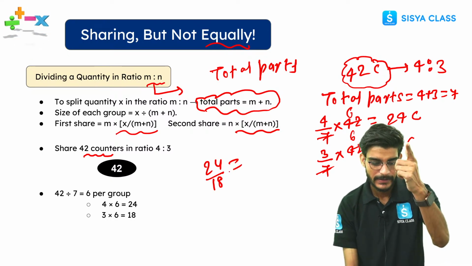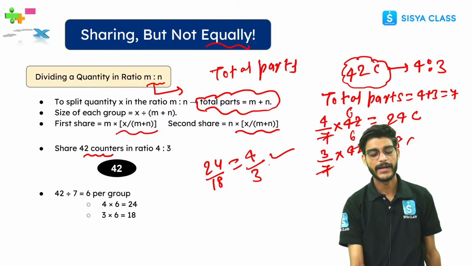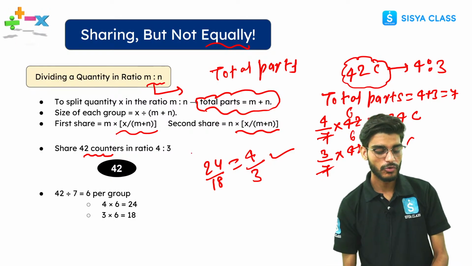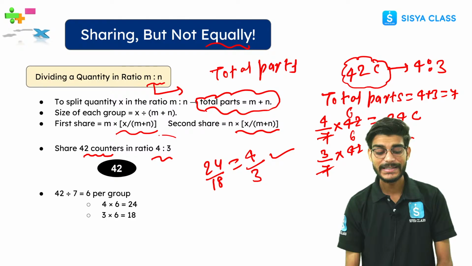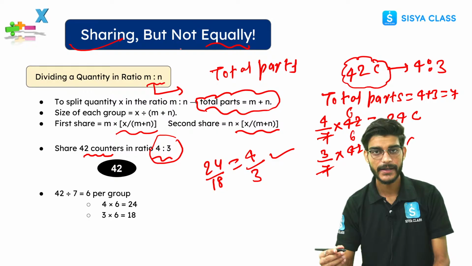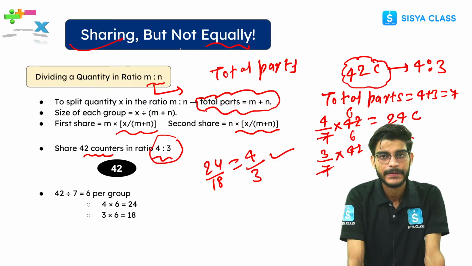Let's check it. 6 fours are 24, sir. 6 threes are 18, right, sir? So we split the counters into 2 parts in the ratio 4:3, and this is not equal. That's why I have written sharing but not equally. I hope this is clear to you. This was very simple, right? Okay.